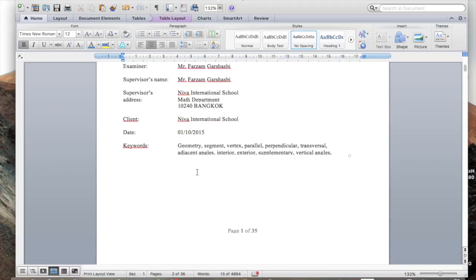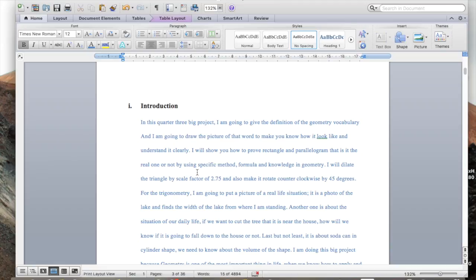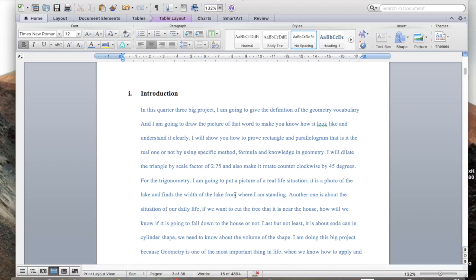So this is my introduction. In this quarter 3 big project, I'm going to give the definition of the geometry vocabulary, and I'm going to draw the picture of each word to make you know how it looks like and understand it clearly. And I will show you how to prove whether a rectangle and parallelogram is the real one or not by using specific methods.